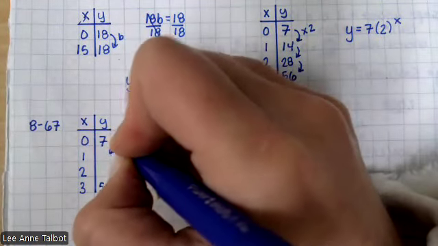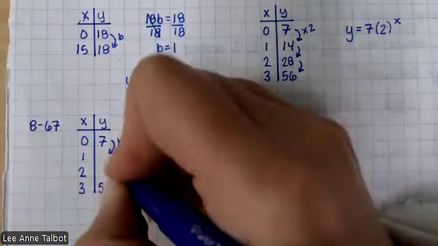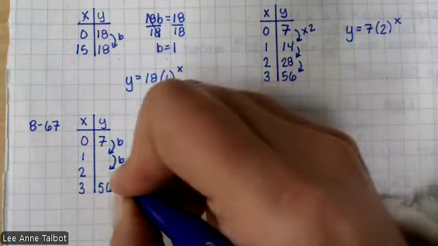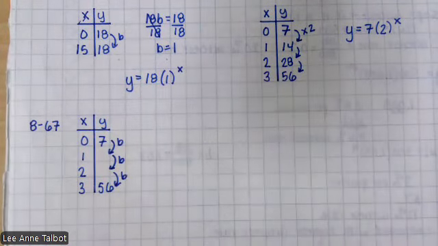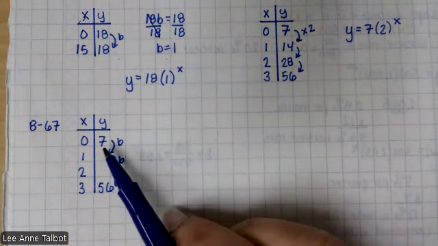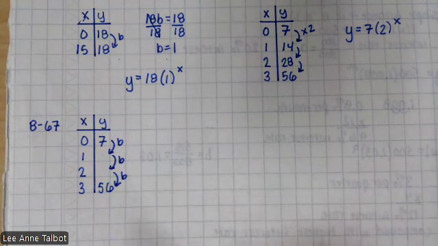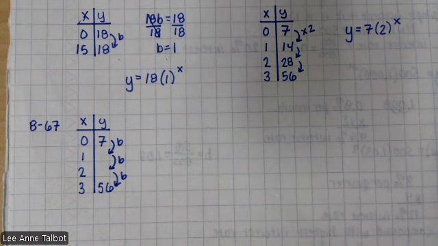And so you go like this. You go, okay, there's 1 multiplier times B. 1 multiplier times B. 1 multiplier times B. So I'm saying 7 times some number times that same number times that same number is 56. We already figured out that it's 2, but how do we get the 2 using algebra?